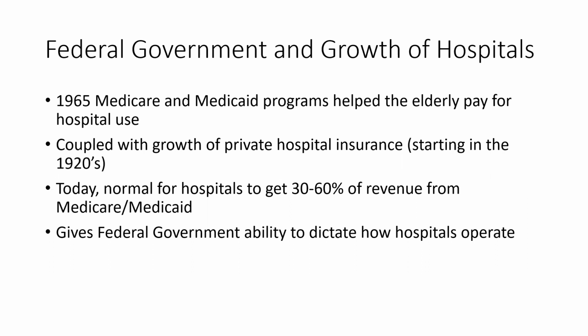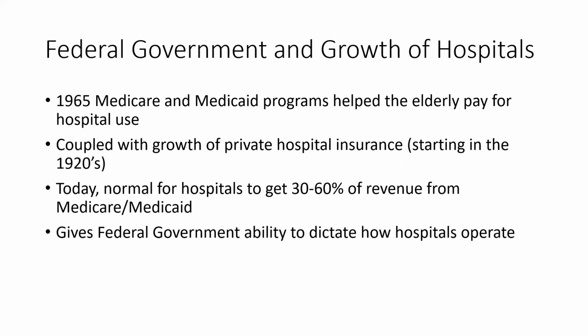So there's a demand. And so the federal government helps stimulate the supply of hospitals by subsidizing the building of more hospitals. So this is coupled again. So that's Medicare and Medicaid, which we know are the federal and joint federal-state programs that help pay for healthcare.